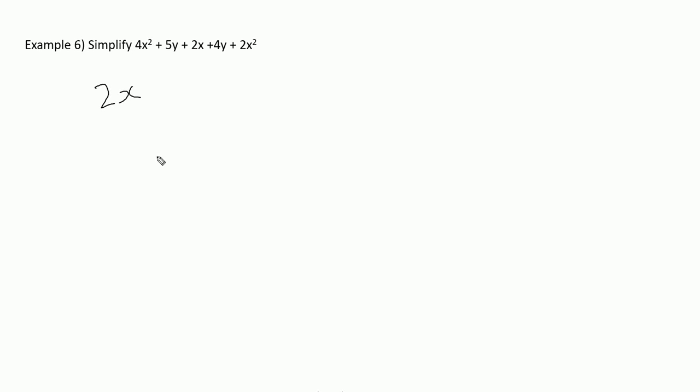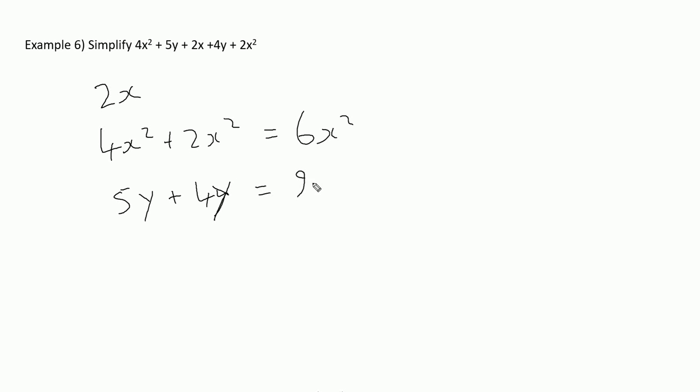We have 4x squared plus 2x squared, which gives you 4 plus 2, which is 6x squared. Now looking at your y terms, you have 5y plus 4y, which gives you 9y. 5 plus 4. So now rewriting all these things together gives you 2x plus 6x squared plus 9y.